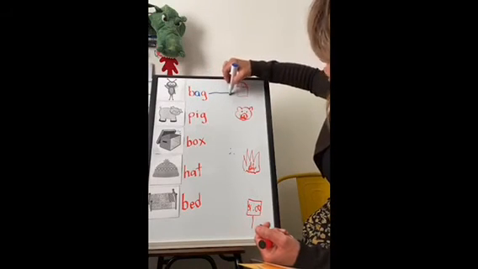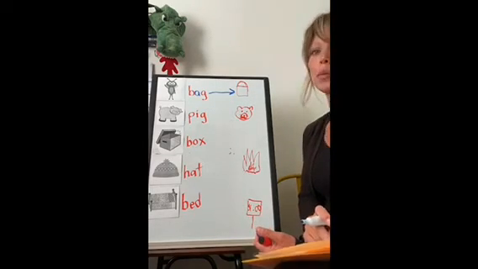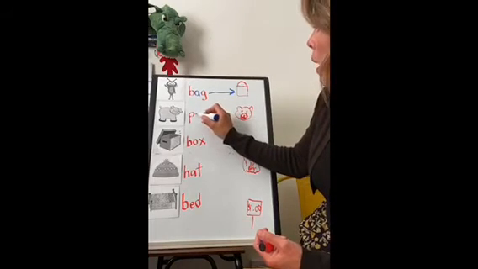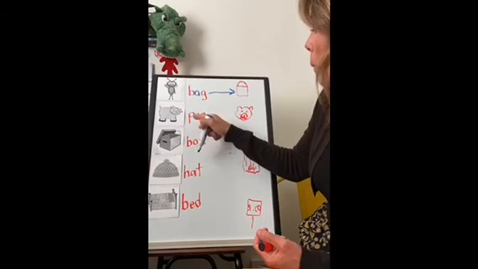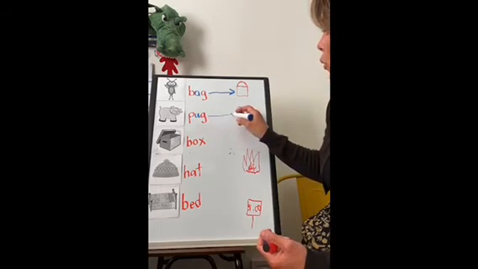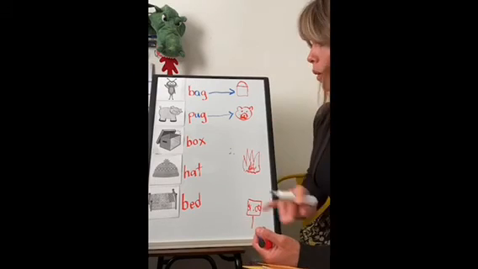So if you changed your U to an A, you are correct. That would change it to bag. If I went from pig to pug, I would have to change my I to a U. And my pug is funny. It looks more like a bear.